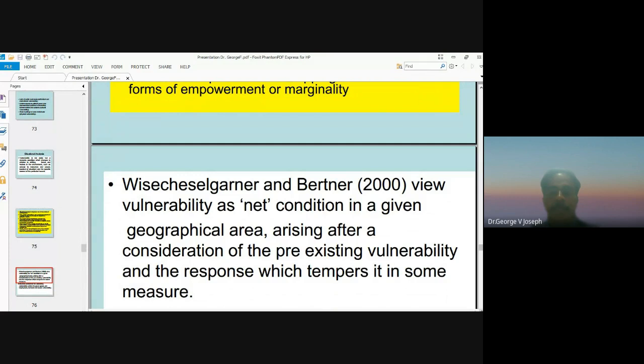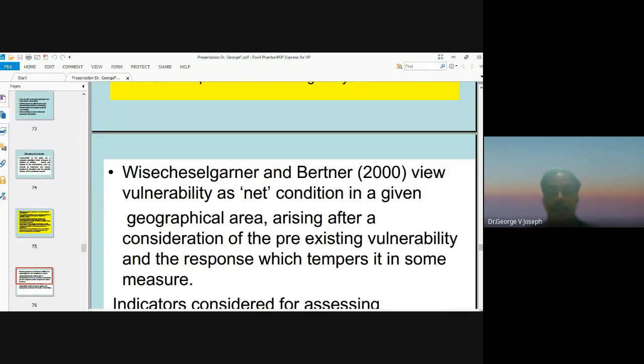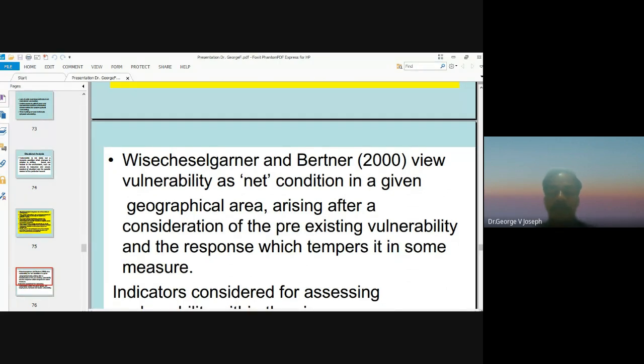Bardner's view on vulnerability is the net condition in a given geographical area, arising after a consideration of pre-existing vulnerability and the response which tempers it in some measure. So again, this pre-existing vulnerability.